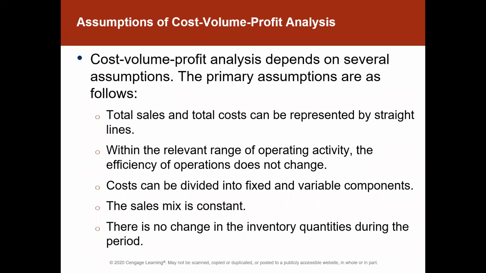We can still use the CVP analysis formula that we've been using. We can still use that without any changes and apply it just to one product, even within a company that makes 1,000 products or 10,000 products. But we might want to make some more generalized statements about our company that might make more than one product.